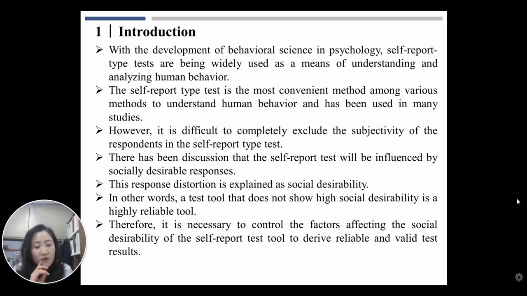The self-reported type test is the most convenient method among various methods to understand human behavior and has been used in many studies. However, it is difficult to completely exclude the subjectivity of the respondent in the self-reported type test.